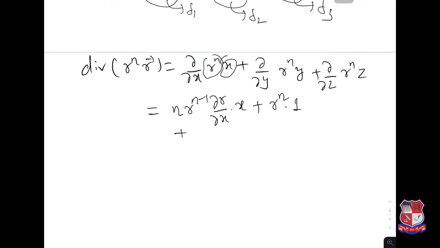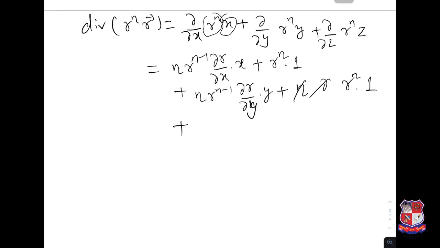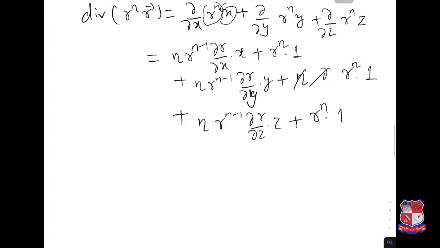So plus n r power n minus 1 del r by del y into y plus r power n and derivative of y is 1, plus n r power n minus 1 del r by del z into z plus r power n into 1.